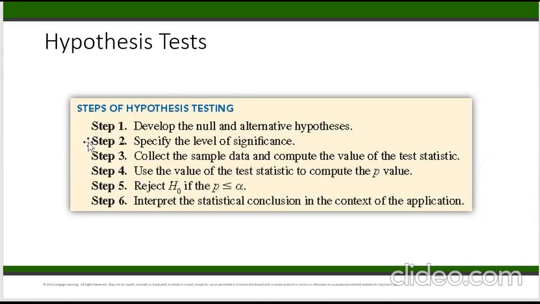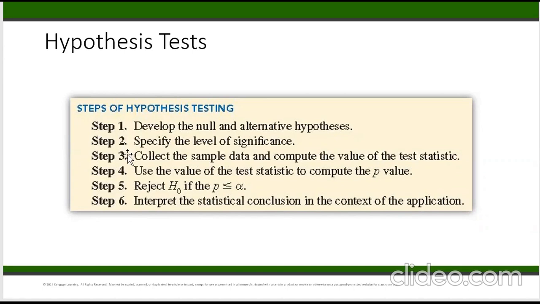I'd like to first go through these 6 steps, and then we will talk about the first 2 more specifically. These are, again, more general. And then steps 3, 4, 5, and 6 are more specific to the type of the test, the population parameter and the number of samples or groups.